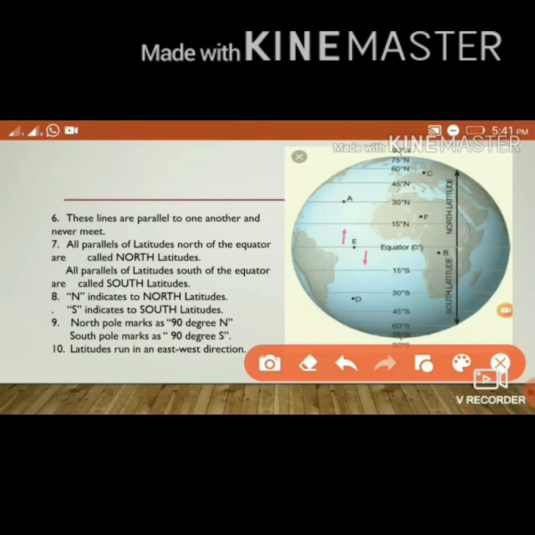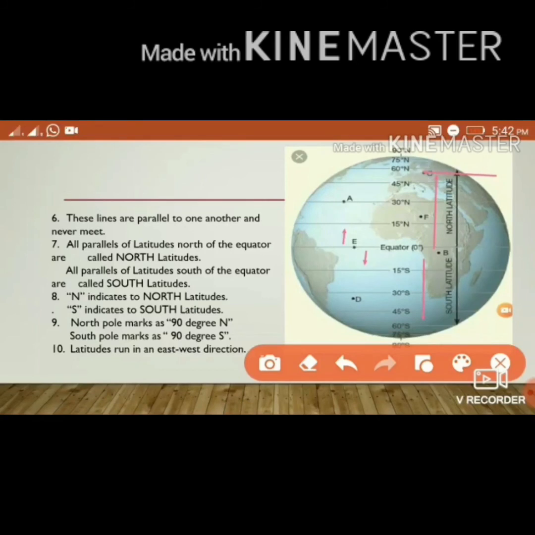Next, all the parallels of latitude in the north or the upper portion are known as north latitudes, and in the same manner all the parallels of latitude which lie below the equator, in the south of equator, are known as southern latitudes.